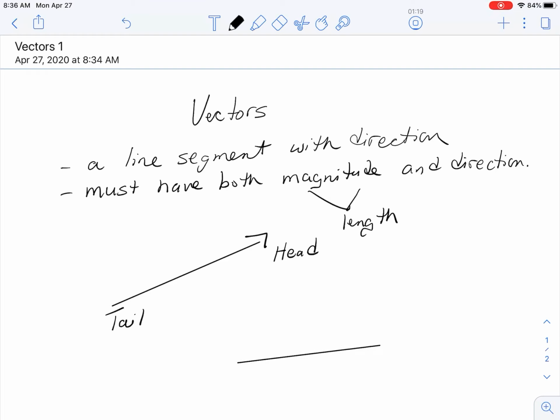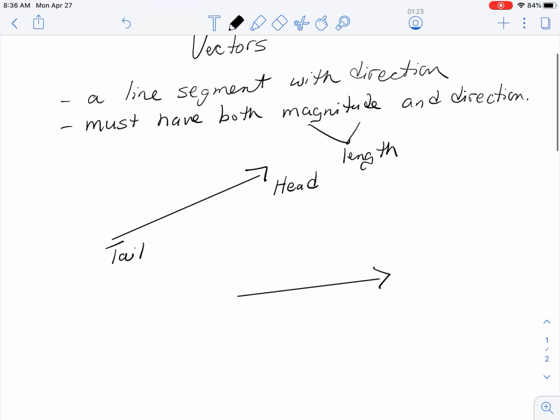So when you're talking about how vectors are labeled, let me just draw another one here. Okay, a couple of ways. You can have a letter, usually a capital letter, at the tail, and another capital letter at the head. So we would call this vector AB. Now, you can't just write AB though. You have to put that vector arrow above.